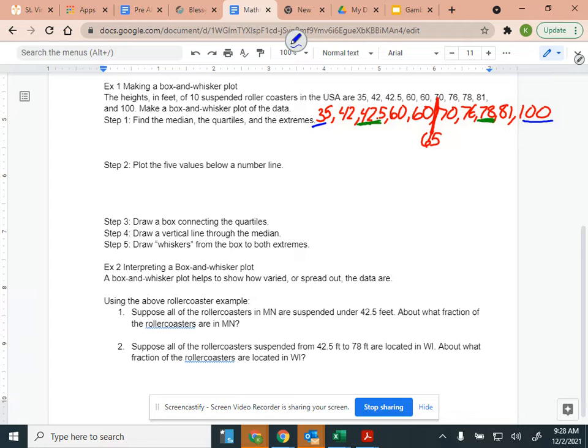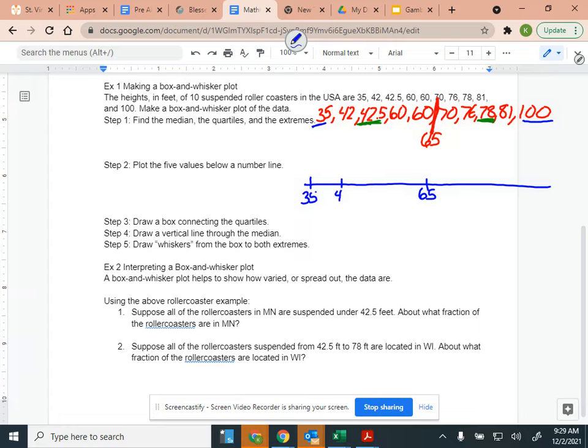So now it says plot the 5 values below a number line. Actually, I think on Khan Academy they plot it above the number line. So we're going to make a number line. And that's 65. We've got 35.